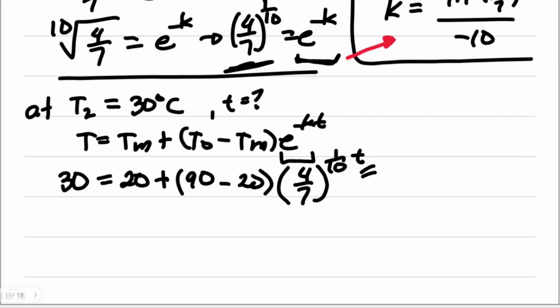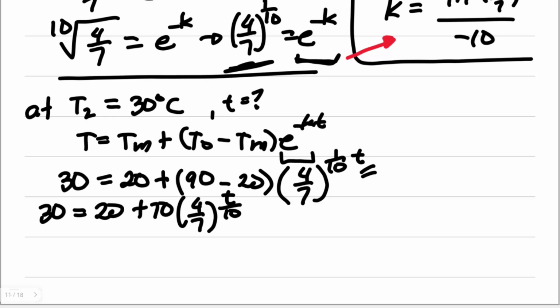So basically, it would look like this: 30 is equal to 20 plus 70 times 4/7 to the t over 10. Subtracting both sides by 20, I have here 10 is equal to 70 times 4/7 to the t over 10.